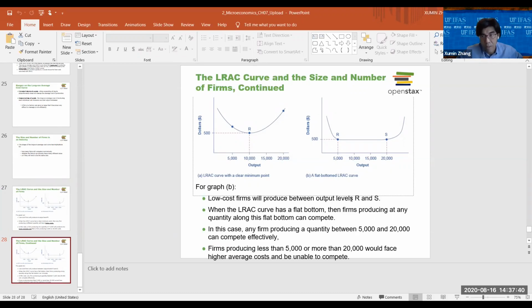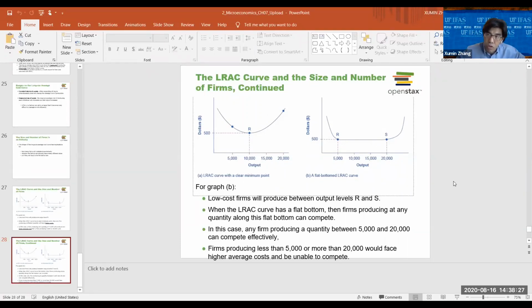First of all, if you are a manager or the owner of a small business, you need to understand your production, okay? Come up with a production function, even if it is a very simple one, right? And the second is to consider your cost. You need to take the fixed cost into consideration, the variable cost into consideration, and don't forget about the opportunity cost, the implicit cost. And then think about whether in the long run you should increase your size, increase the scale, or stay in constant returns to scale.